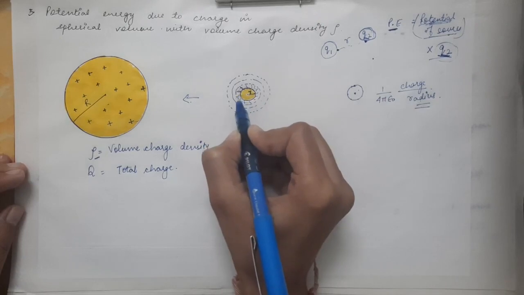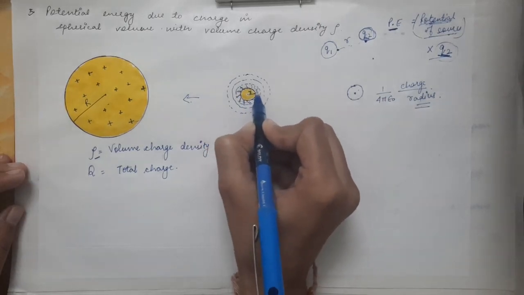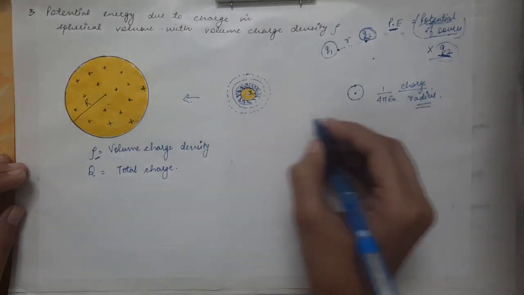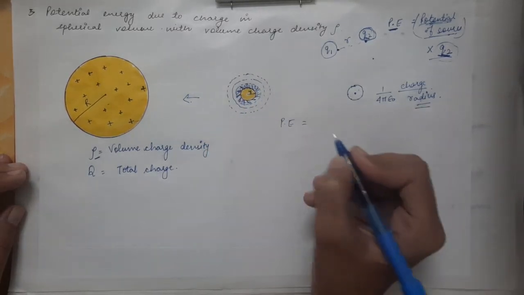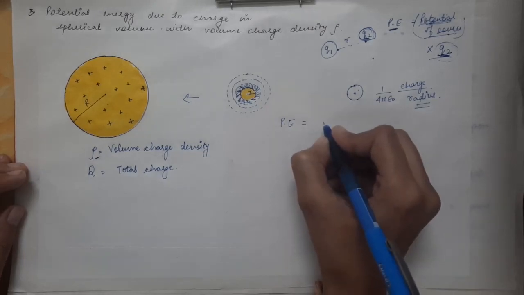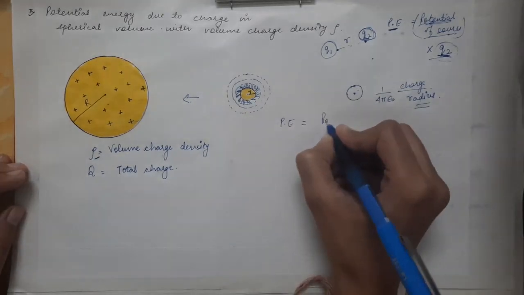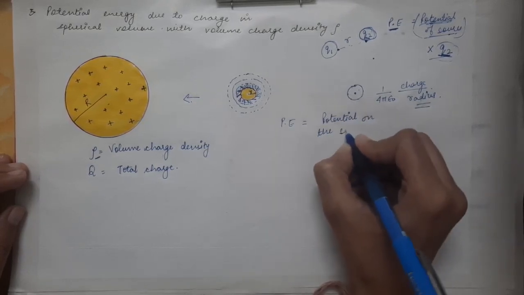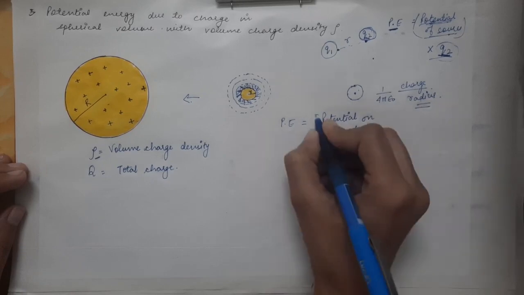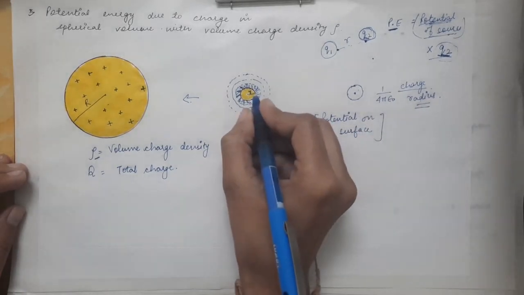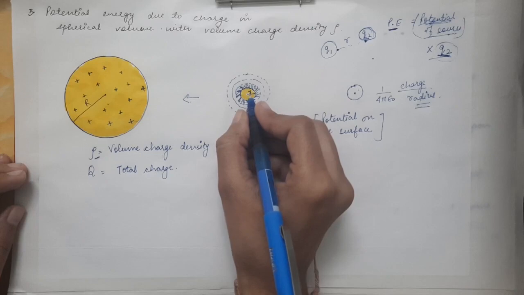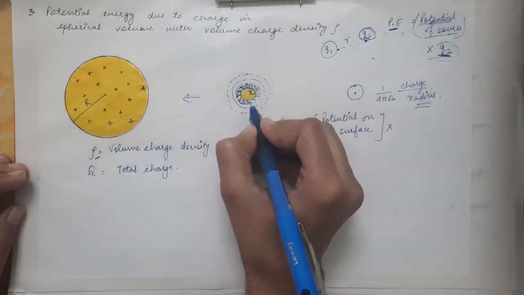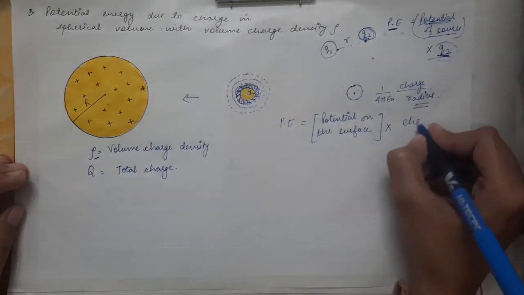So at a time we are placing only this shaded region. So we will find what is the charge of this shaded region. So potential energy will be equal to the potential on the surface of the sphere of radius small r, into the total charge which we are placing, this shaded region.